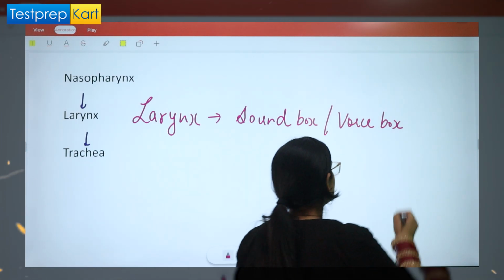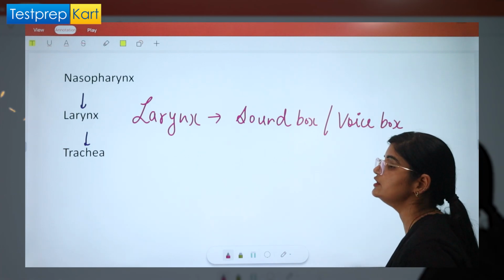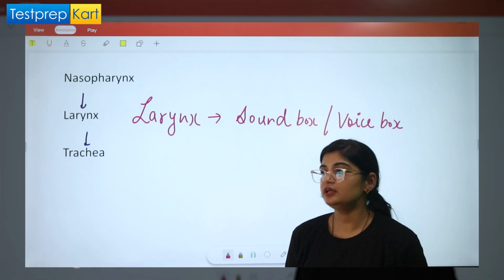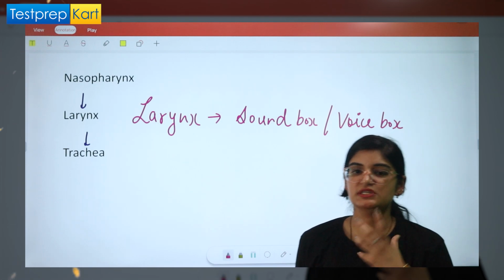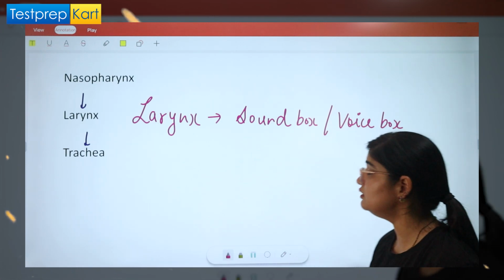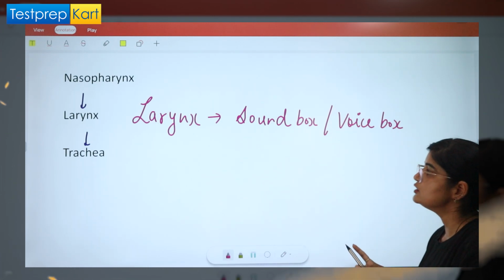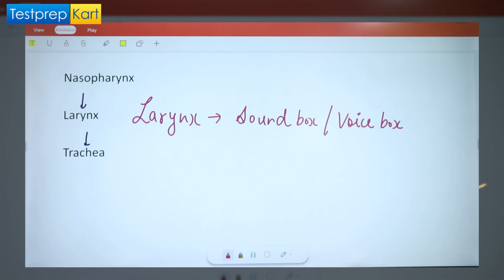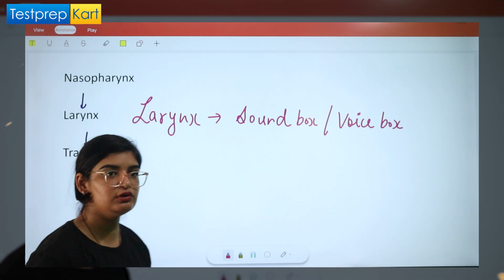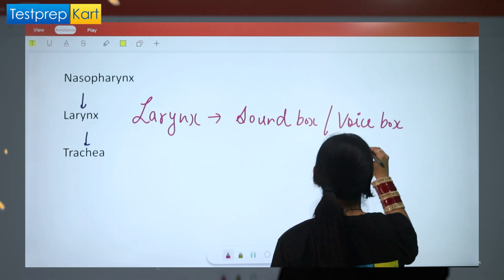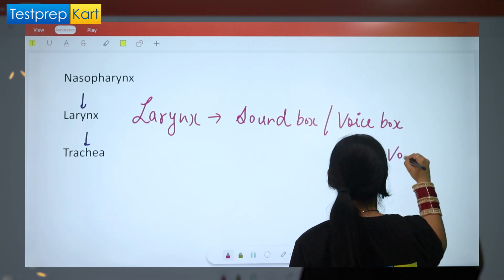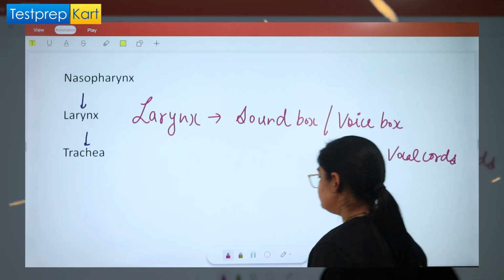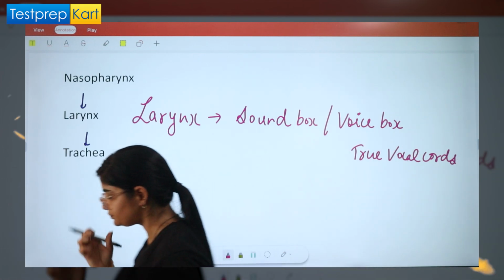In larynx there are two types of vocal cords: one is the true vocal cord and the other is the false vocal cord. The vocal cords meant for sound production are the true vocal cords. So when in questions it is asked which vocal cords in the larynx are meant for sound production, then it is true vocal cords, right?